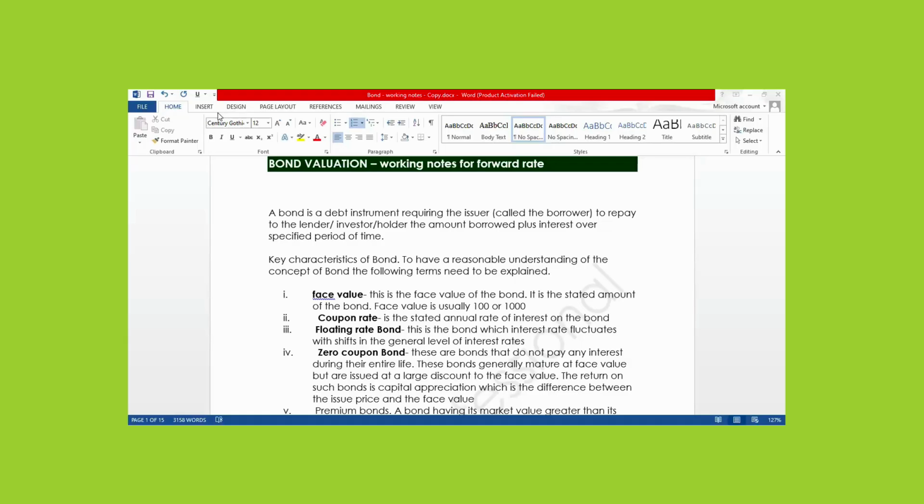The return on such a bond is called capital appreciation or capital gain, which is the difference between the issue price and the face value at maturity.